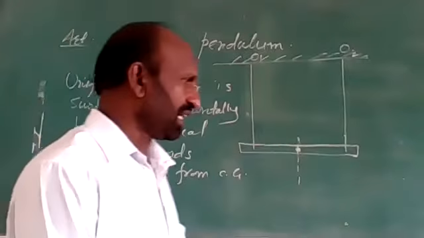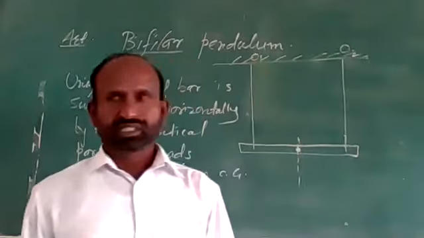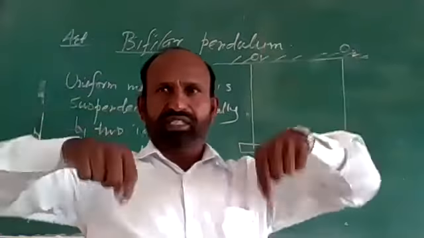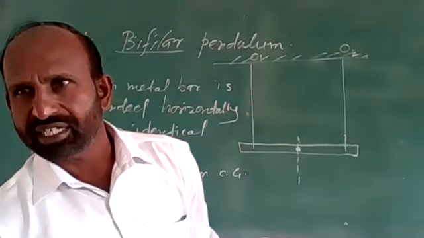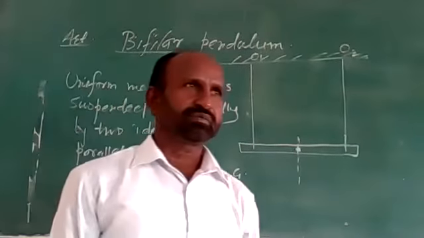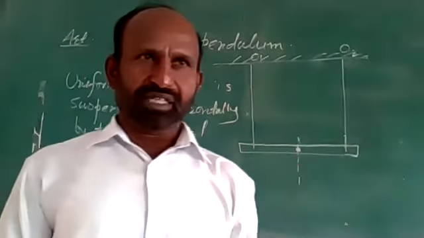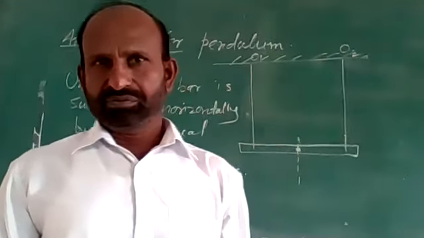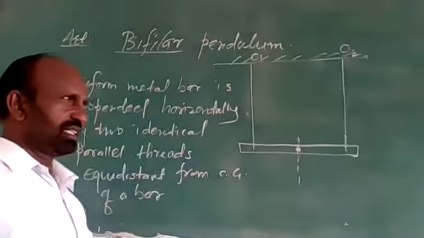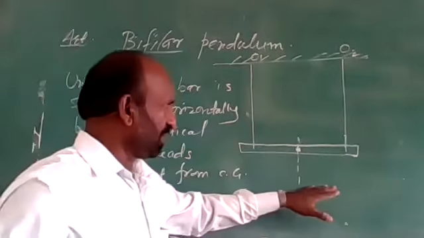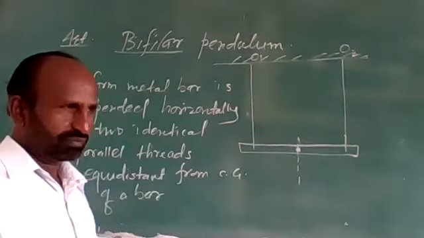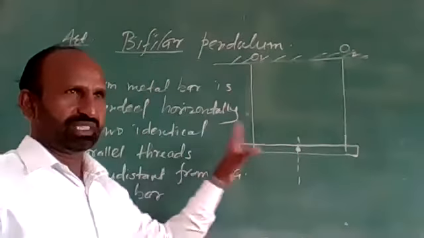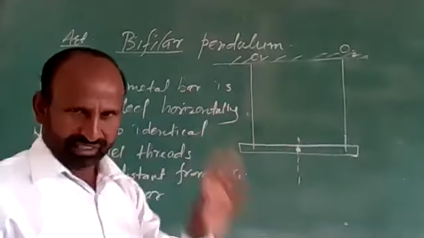Means we are taking one metal bar, and that metal bar is suspended by two parallel threads. And these two threads are identical. Identical in the sense their thickness is same, their weight is same. All these things are same, so that they will not introduce any problem during the oscillations. So they are used identical.